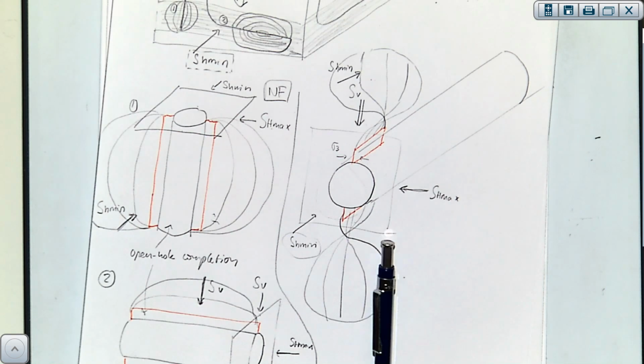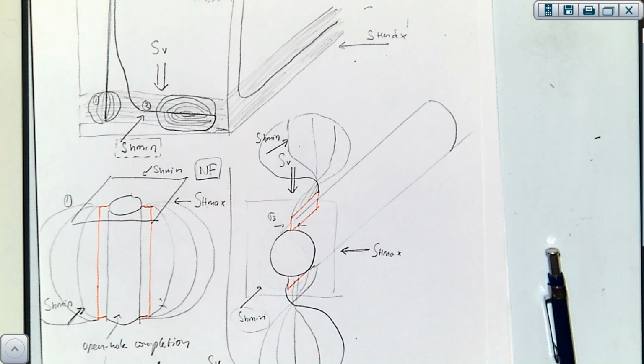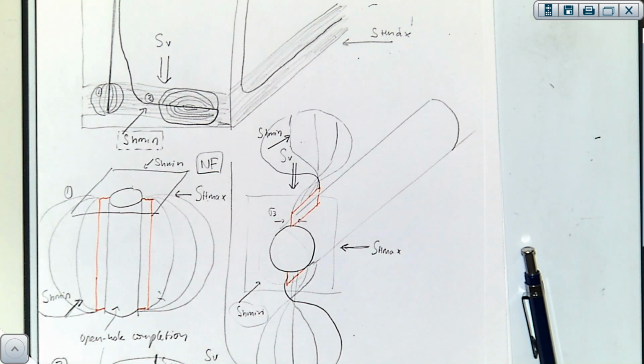You kind of see that? Let me explain this with these 2 pages. So, close to the wellbore, start like this. But then, as it gets further away, it rotates and it's like that.